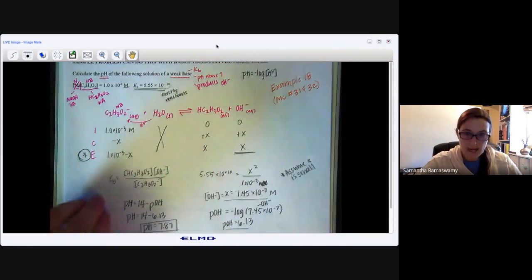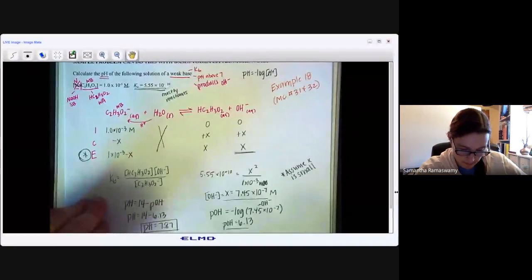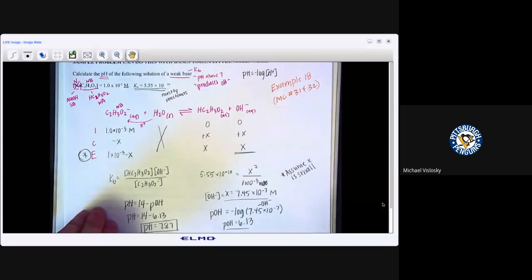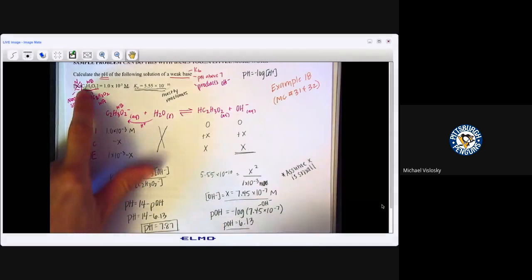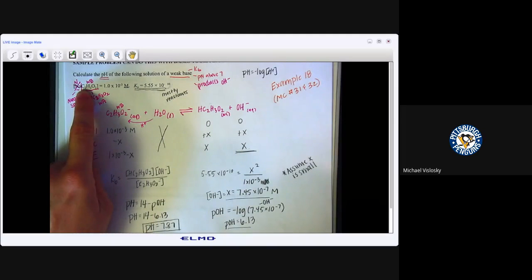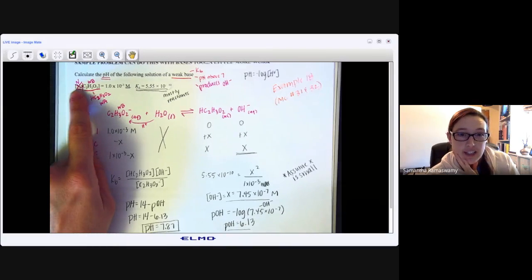Any questions on the weak base? So if it's a salt or ionic, like how NaC2H3O2 was, is the first part of it always just going to be neutral? If you're doing a calculation like this, more than likely, yes.